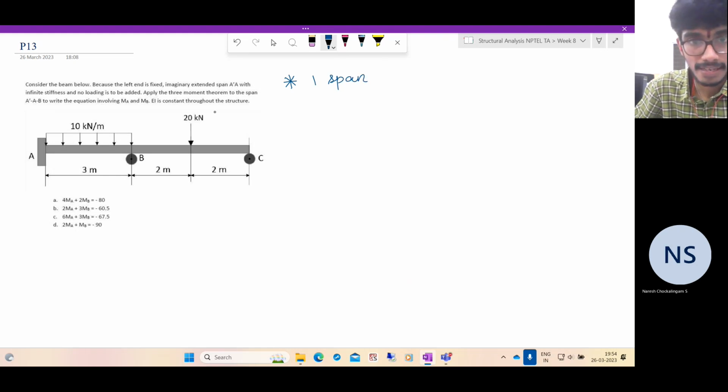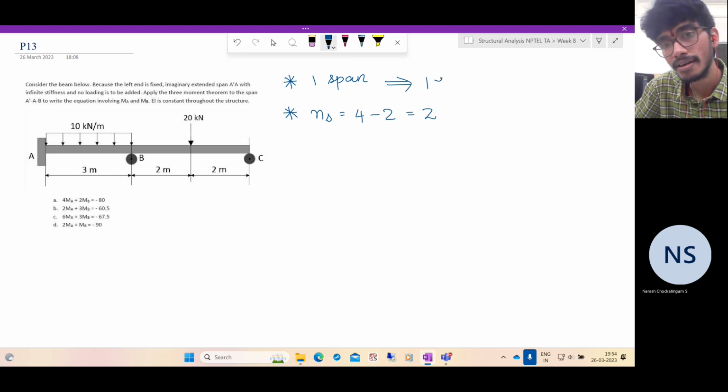How many unknowns do we have? The degree of static indeterminacy is, assuming that there is no horizontal reaction, no horizontal force, you have two unknowns here, one unknown here, one unknown here. So totally the degree of static indeterminacy is 2. So one span will give you only one equation, but we need two unknowns.